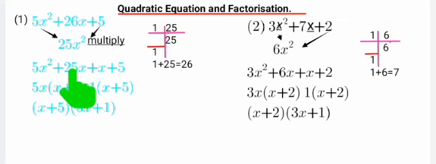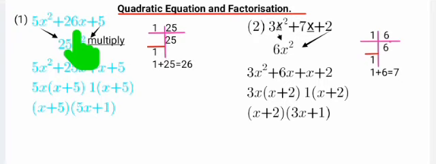So now after having that, we simply replace the 26s with the factors that gave us 25. You know what? 25s times s will give you 25s squared, and then 25s plus s will give you 26s. That's why we're replacing the whole of 26s with 25s plus s, because it will still equate back to 26s.